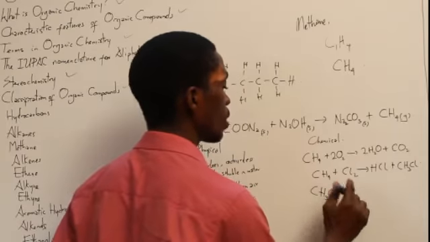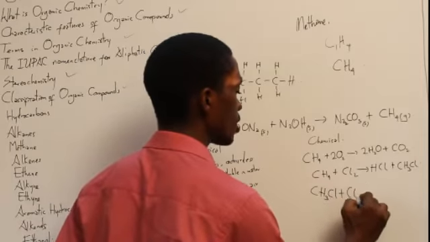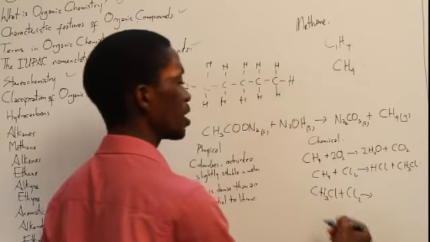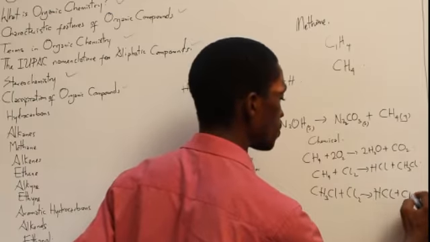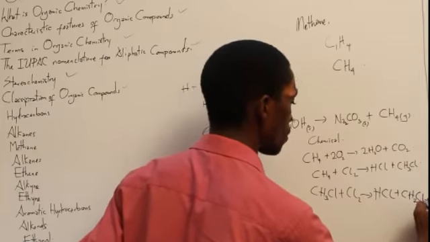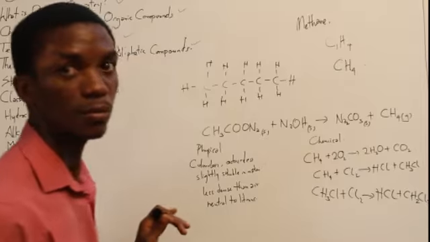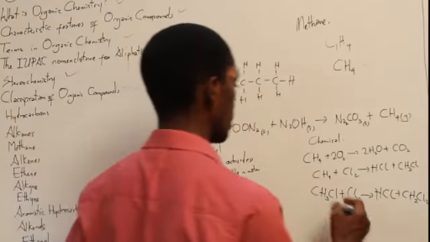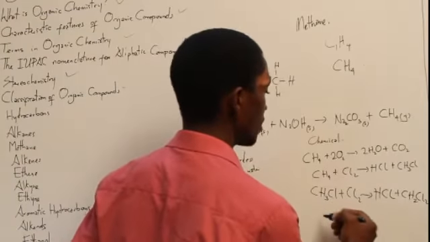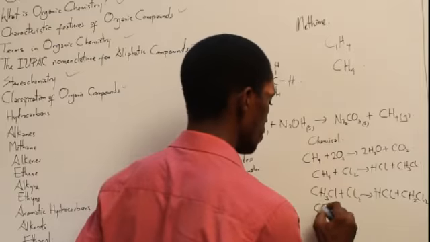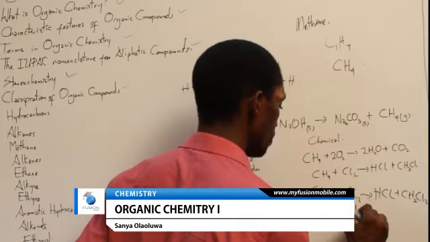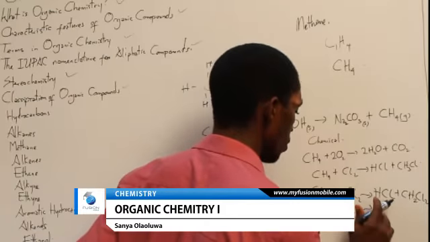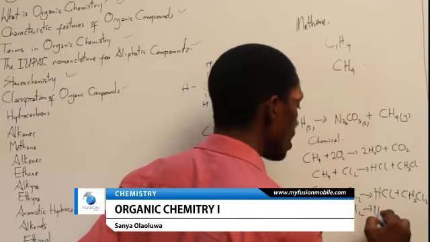chloromethane, sorry. When you take this chloromethane and react it with chlorine again, it will produce another HCl plus dichloromethane. When you react it again, it will produce what we know as chloroform. Of course, HCl will always be produced at every stage.